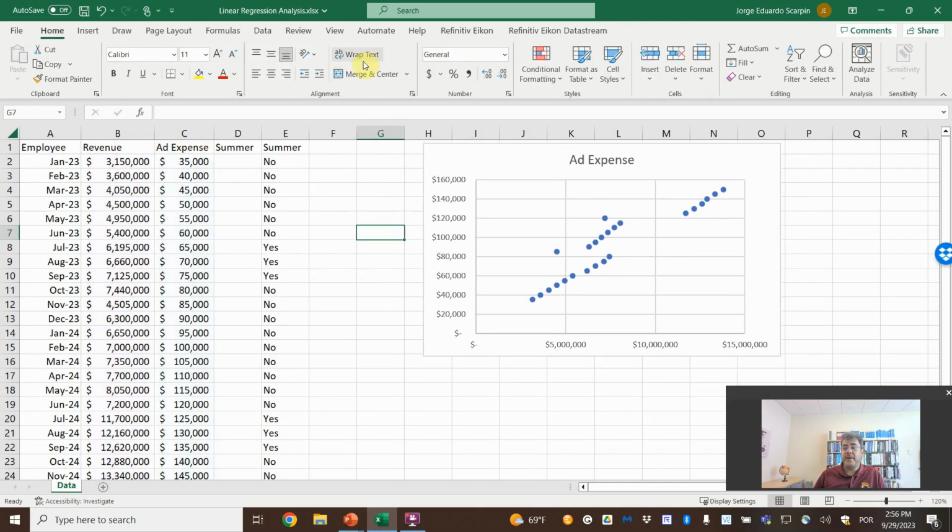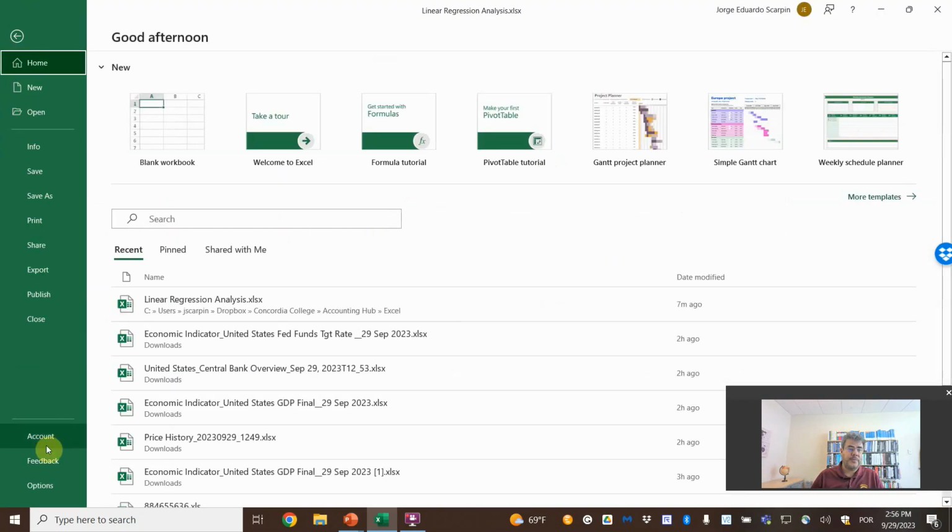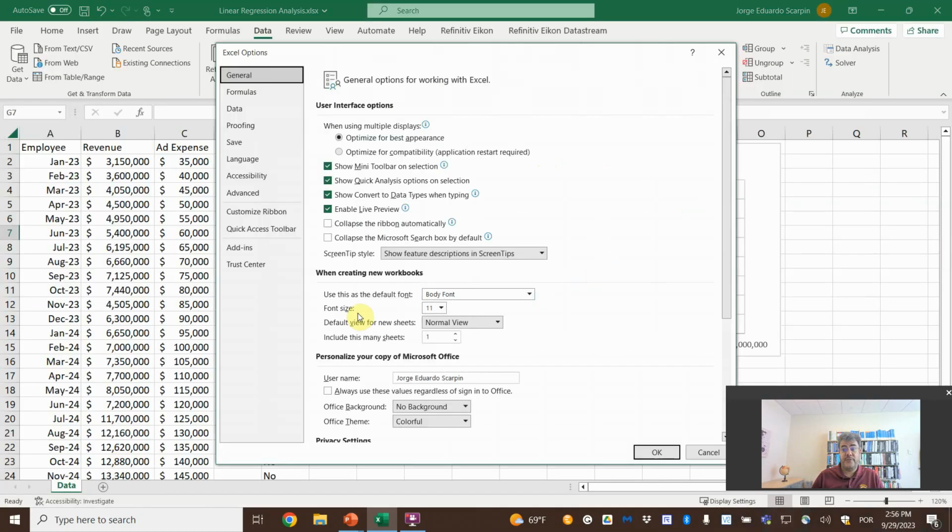So how do we perform the regression analysis? Data analysis. However, what if you don't have data analysis? Just go to File, Options. If you have it, just skip this.